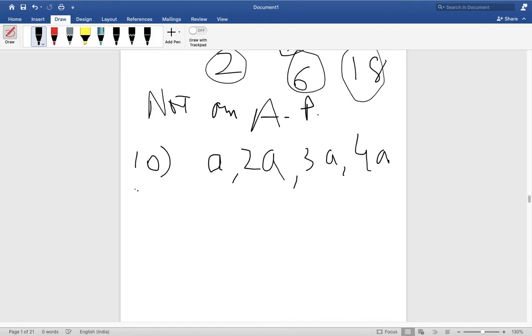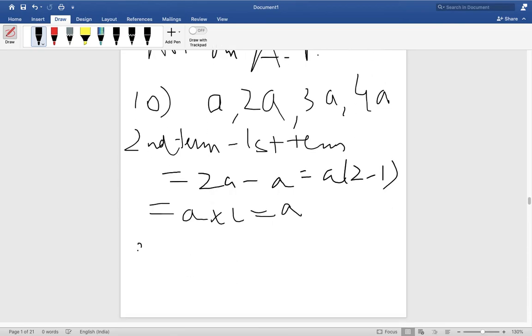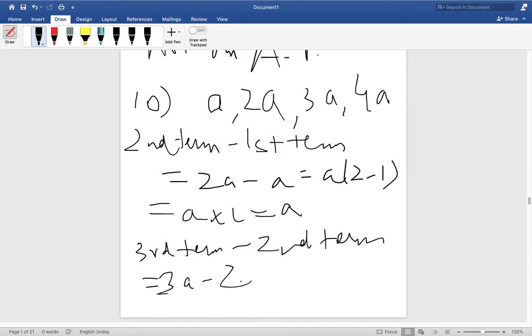Differences will be the second term minus the first term, which is 2A minus A. Take A common, 2 minus 1. 2 minus 1 is 1, A into 1 is A. Okay, the difference between the third term and the second term is 3A minus 2A.